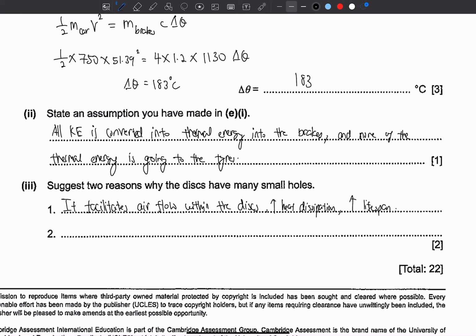Now, the next reason is that in the event of rain, what the rain does is it decreases the friction between the tires and the ground, or rather the tires and the brake pads.